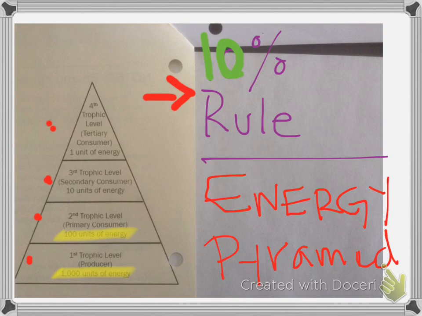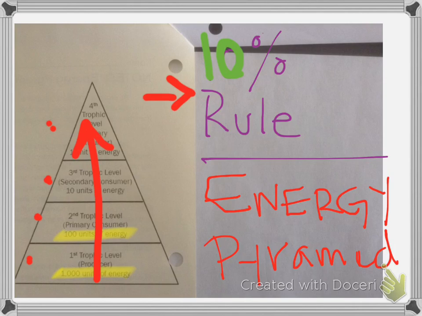So you can see that as we go up our energy pyramid, we're losing energy. So there's not a lot of energy available at the top, which means that you're not going to have a lot of organisms actually be able to be sustained at the top. So only 10% of the energy is going to go from one trophic level to the next.